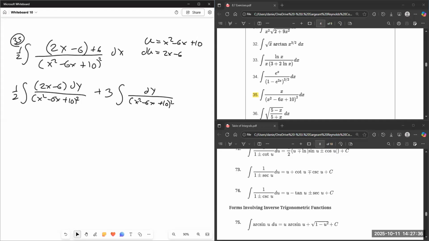So I'm going to deal with that first integral first, and I'm going to write it as 1/2 integral of u to the negative second du. And then we've got all this that I'll deal with in a second.